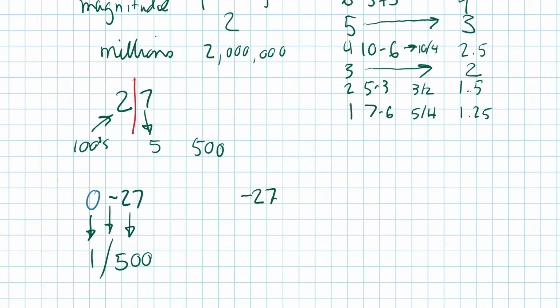So in this case, the nearest multiple of 10 to get it positive would be 30. If I add 30 and subtract 30, I still have the same value, but I've just refactored it.